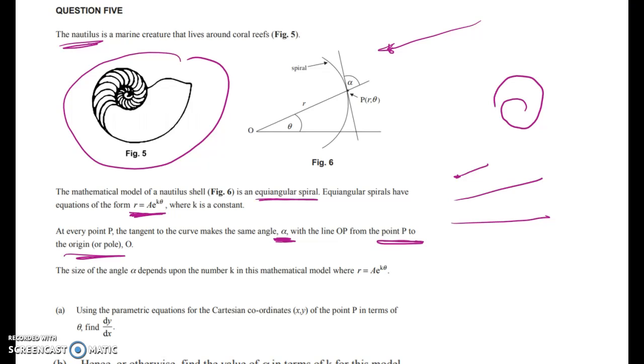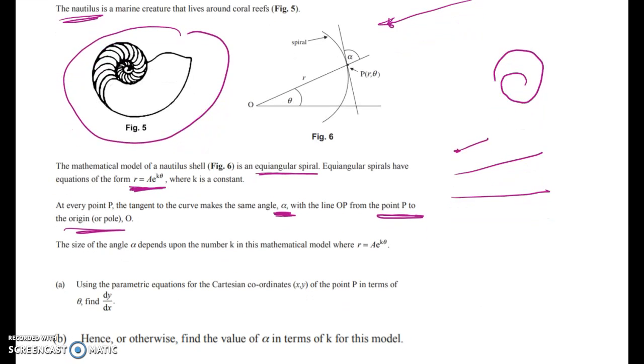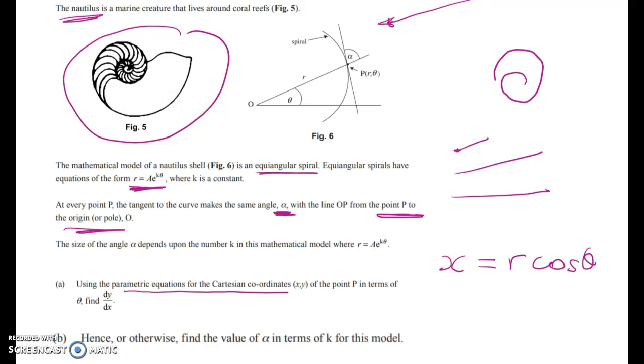The first part of the question is very, very doable if you remember what parametric equations are. We have to use the parametric equations for the Cartesian coordinates of the point P in terms of theta. So we know that x is equal to r cos theta and y is equal to r sine theta. If you're looking at this point P, that's what's going on.